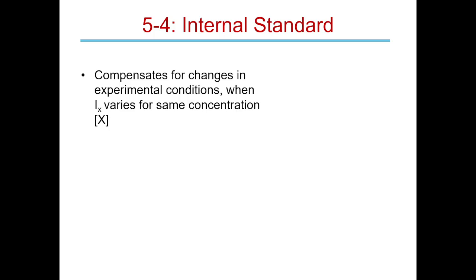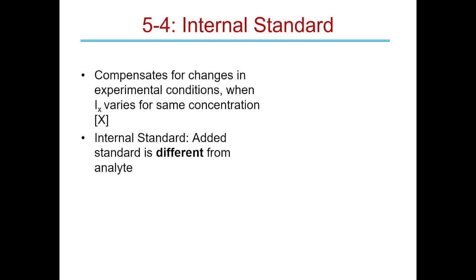Typically this would be peak heights, but in a method like NMR, it's actually a position when you plot it. This is going to vary for the same concentration of X, because that's why we need an internal standard, right? Even though we have the same concentration, our peaks are changing.